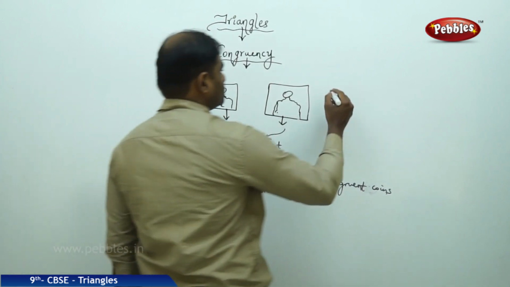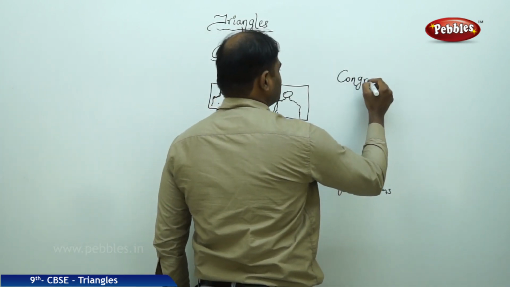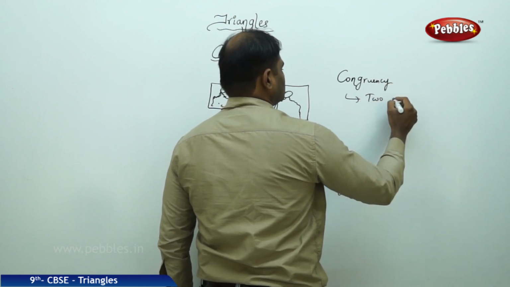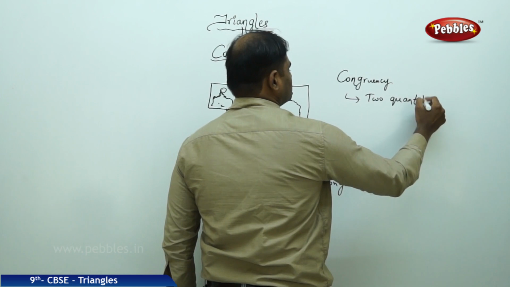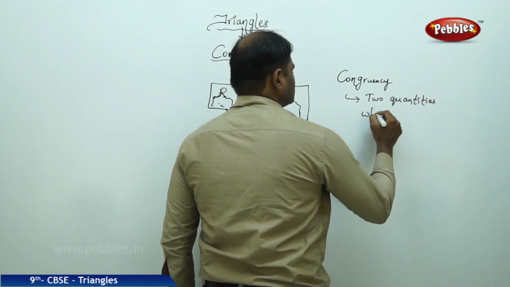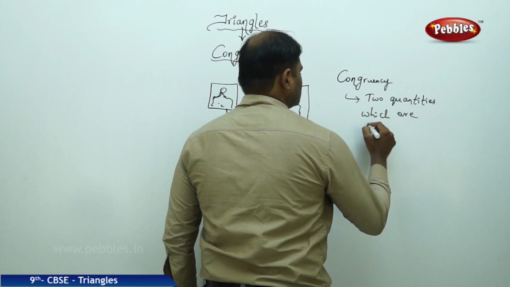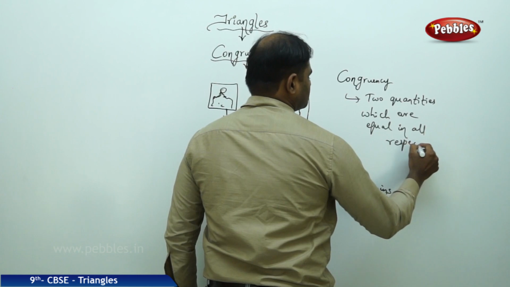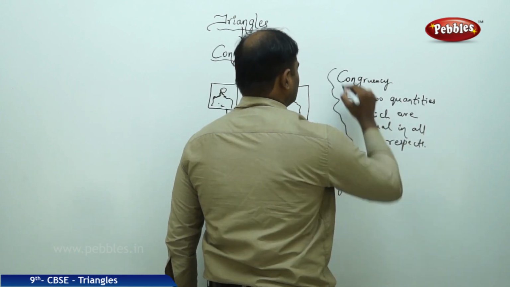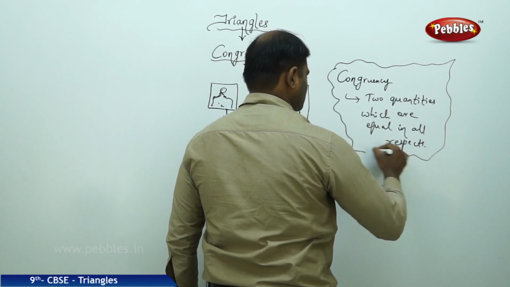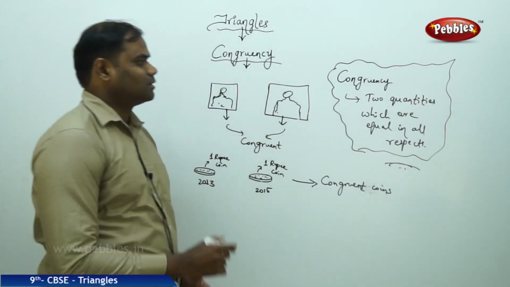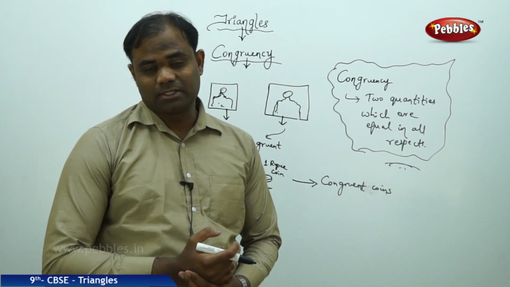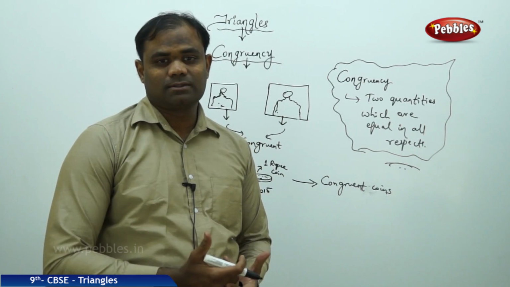So I define congruency this way: two quantities which are equal in all respects are said to be congruent quantities.